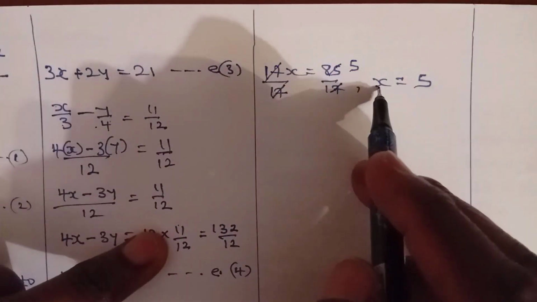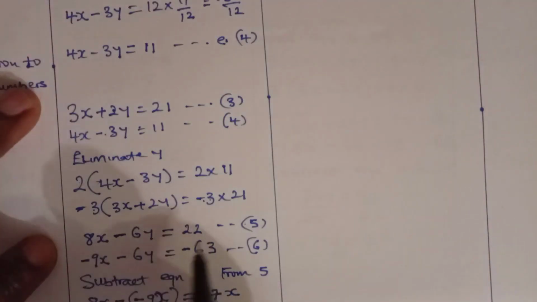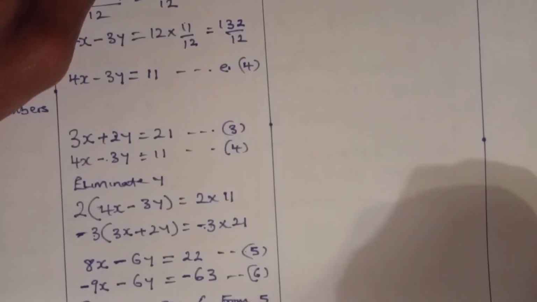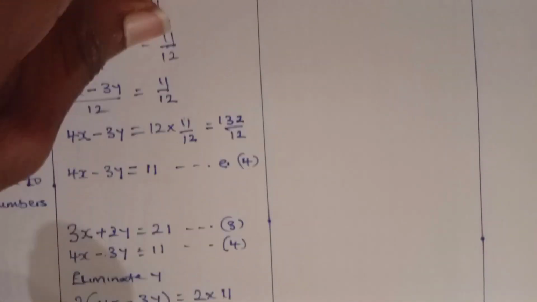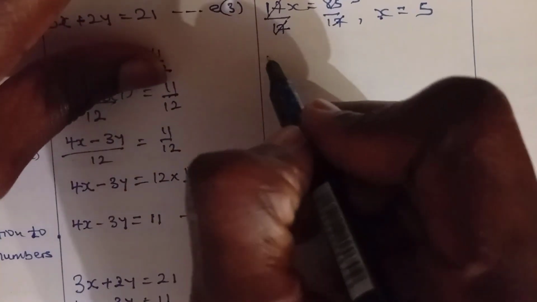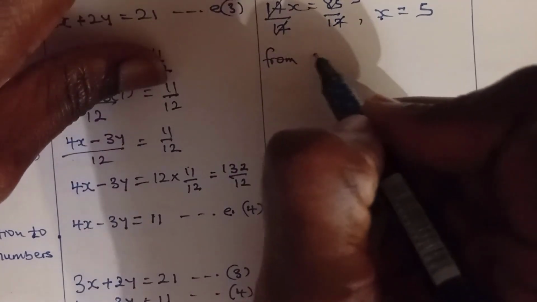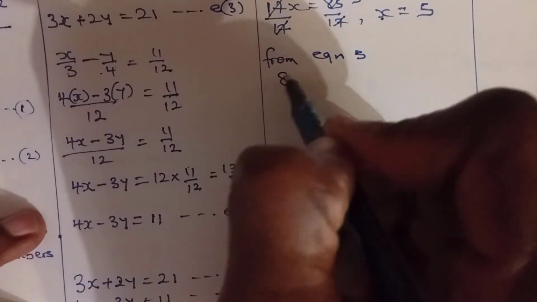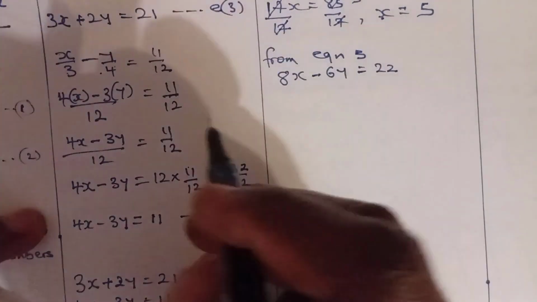So if we have that x is 5, then we can put the value of x in either equation 5 or equation 6 to get our y. So let's pick one of the equations. So we'll pick equation 5. So from equation 5, 8x minus 6y equals 22.